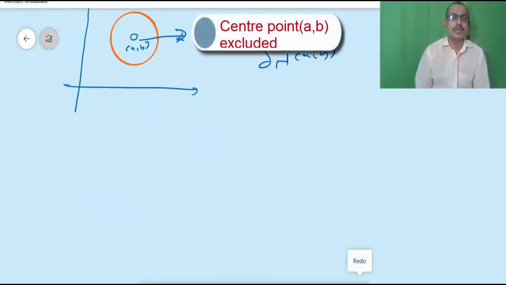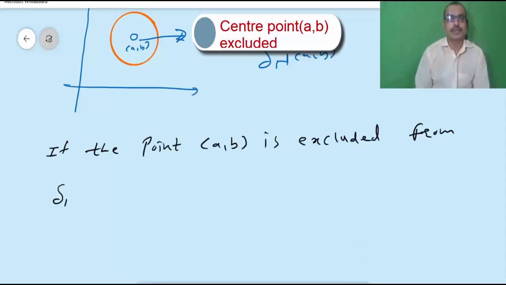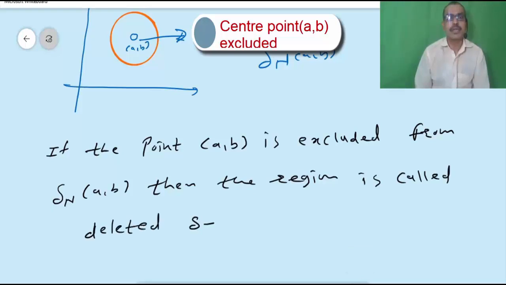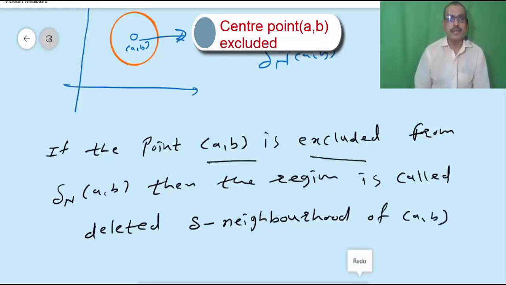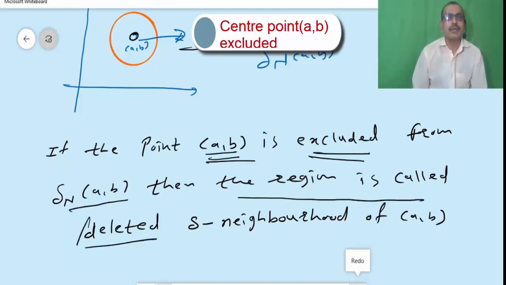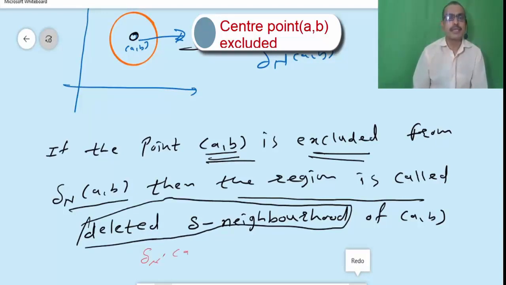In the definition of neighborhood of (a, b), if the point (a, b) is excluded from the delta neighborhood of (a, b), then the region is called deleted delta neighborhood of (a, b). In this figure, if the point (a, b) is excluded from the delta neighborhood, then the region is called deleted neighborhood of (a, b), and it is denoted by N delta dash (a, b). N delta dash (a, b) is equal to N delta (a, b) not containing the point (a, b).